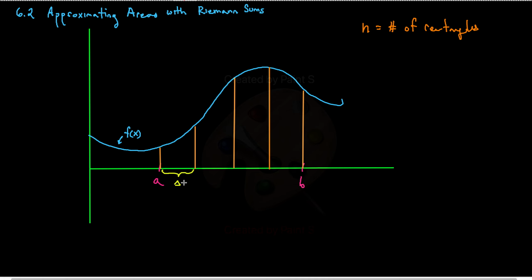This length here is the width of each rectangle, and you should sort of just be able to see that if I want to get what delta x is, well, it's just the length from A to B, which is B minus A. It's this entire length divided up into n equal parts. So it's B minus A over n is the width of any one rectangle. We denote that as delta x, width of rectangle.